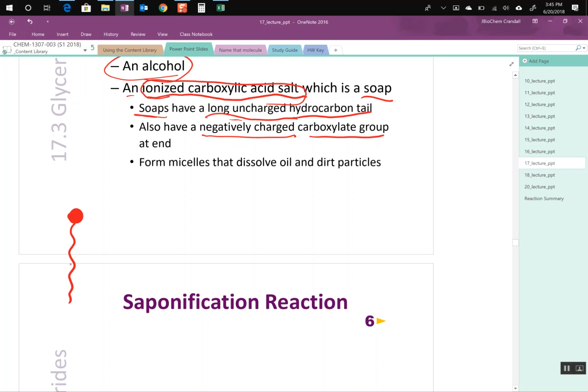So your greasy plate, you can't wash it because water won't interact with the grease, so you put some soap on it, and what happens is this long hydrocarbon tail, which is nonpolar, interacts. So if here's my greasy molecule, this is my grease, this nonpolar tail will interact with the grease and it'll start to surround it. Okay?